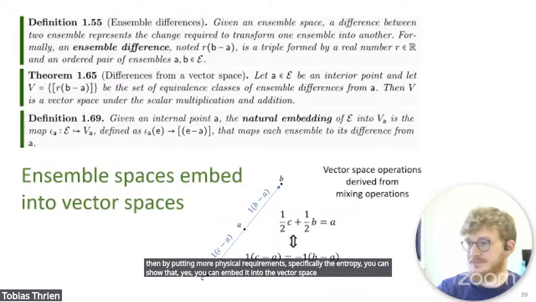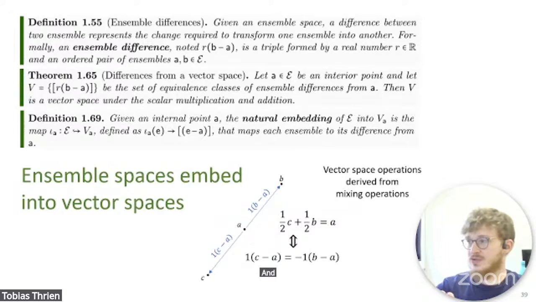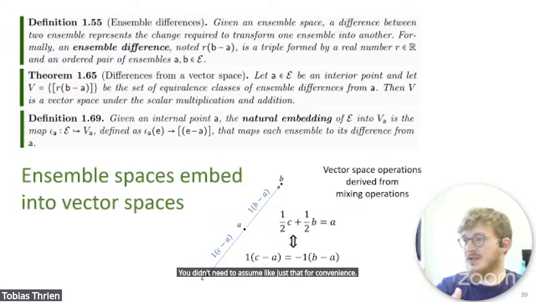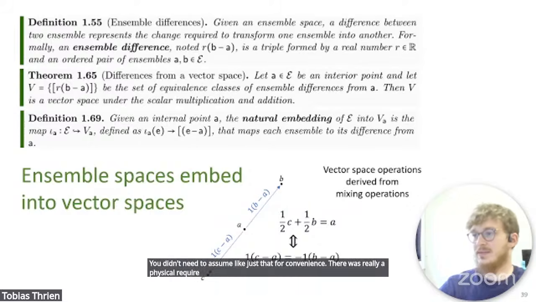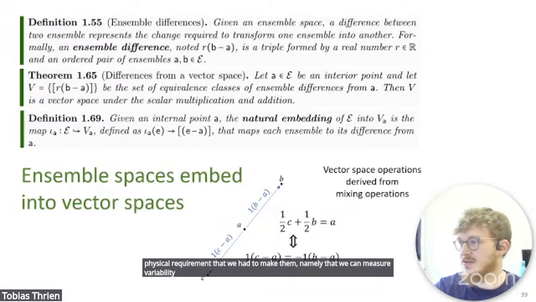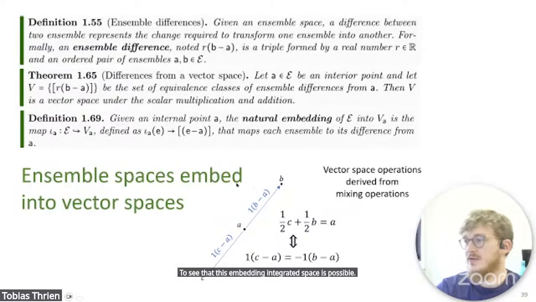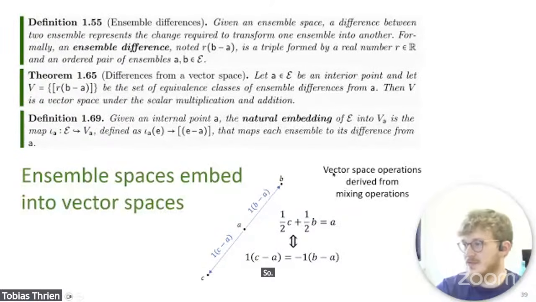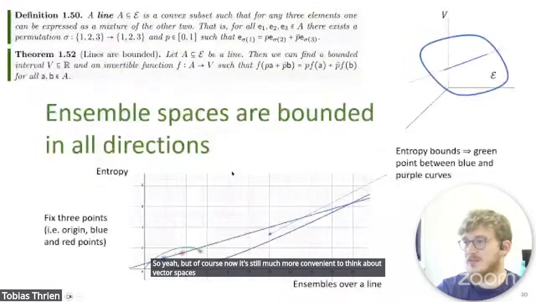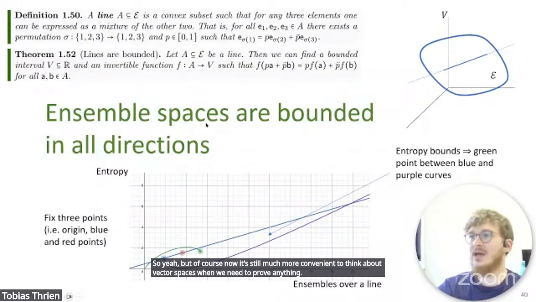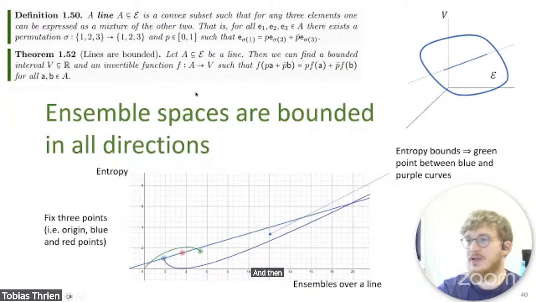And you didn't need to assume that just for convenience. There was really a physical requirement that we had to make, namely that we can measure variability, to see that this embedding into a vector space is possible. Of course, now it's still much more convenient to think about vector spaces when we need to prove anything. And then the entropy gives you even more.